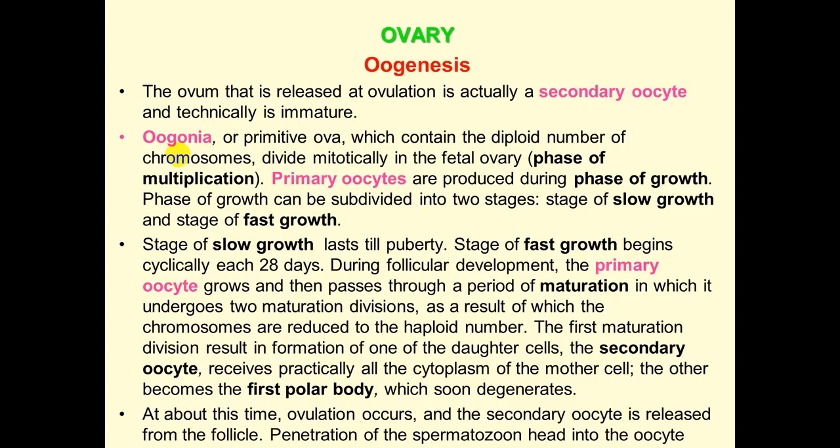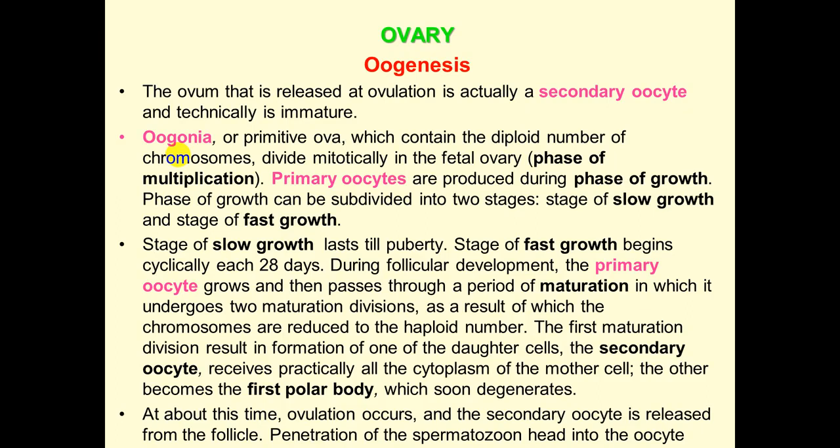And there are some differences between these phases in spermatogenesis and oogenesis. So the first stage, multiplication, in oogenesis can happen only in the female fetus.